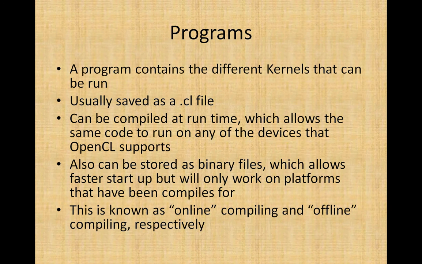Maybe it's a security risk, although I doubt much security-intensive code is going to be running in OpenCL, but I guess for some people that would be a disadvantage. There's also the fact that with offline compiling, say if a device manufacturer updates their driver to have a more efficient compiler for, say, their GPU, and you just have a binary sitting there already compiled, you can't really take advantage of that advancement.